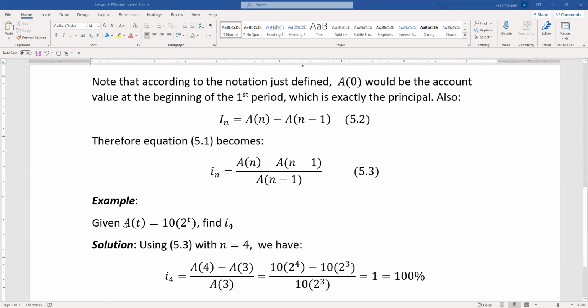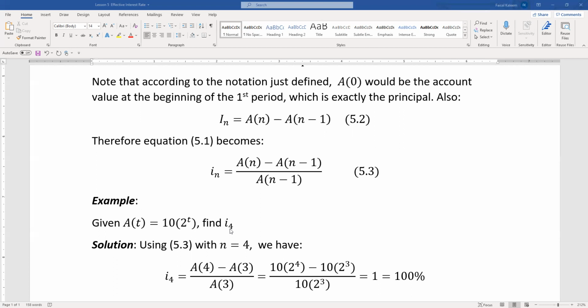So let's do an example. Let's say the amount function A(t) is equal to 10 times 2 to the power t, and you have to find i_4, the effective interest rate during the fourth period. We can use this formula here, where n is equal to 4. n is the number corresponding to the period in which you have to find the effective rate.